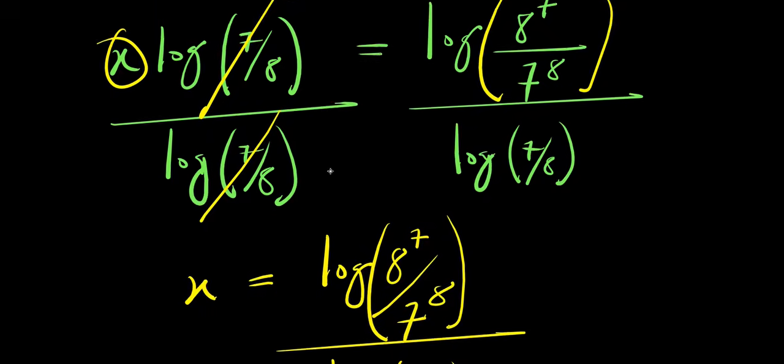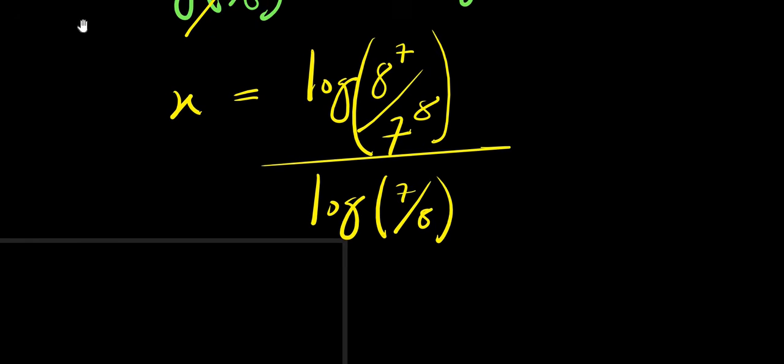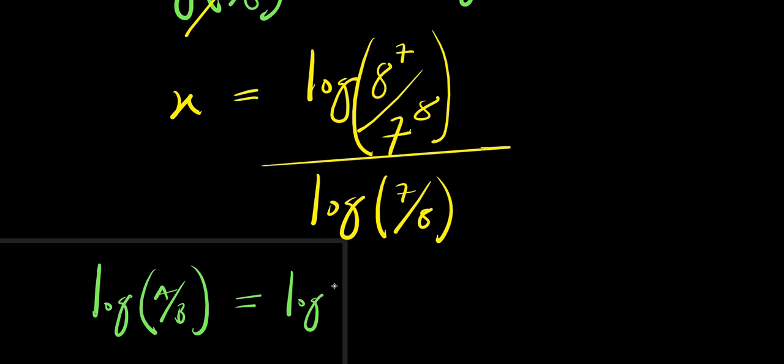So at this particular point in time, we can apply this other identity. If you have log a divided by b, this equals log a minus log b. So this is our a and this is our b.